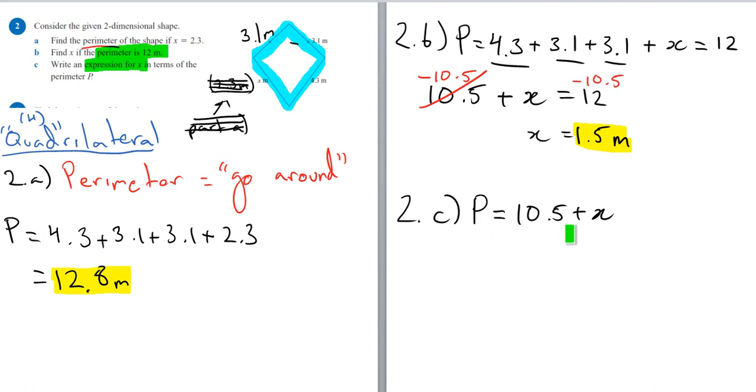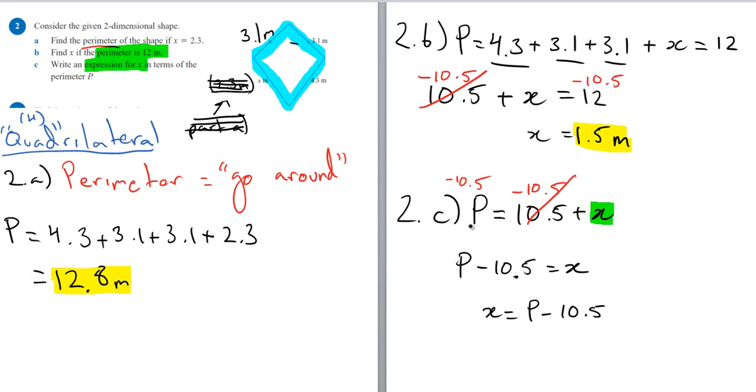So we want to get the x on its own. We do the same thing we did in 2b. We just subtract 10.5 from both sides. Again, that gets cancelled. What we're left with is p, because we don't know what it is, so it has to stay a letter, minus 10.5 equals x. Or if we prefer to have the x on the left-hand side, we just write it the other way around, x equals p minus 10.5. Either way is good. And that's our answer.